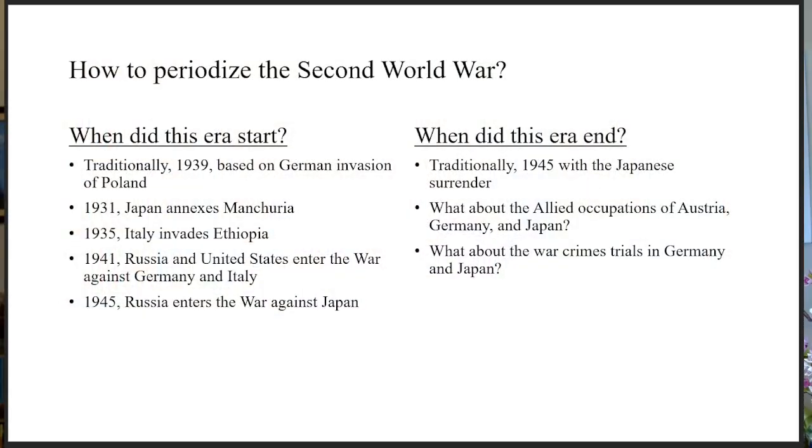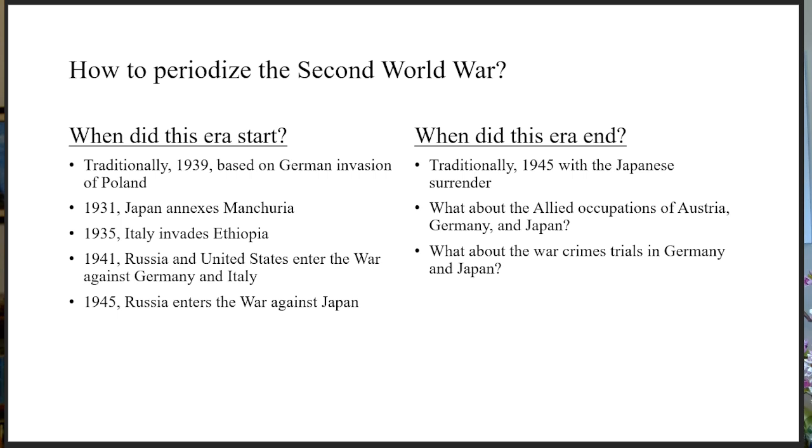Well, the starting date of 1939 is based on when Germany invaded Poland. China had been at civil war with Japan since 1931, when the latter annexed Manchuria. And Italy began its African campaign by attacking Ethiopia in 1935.